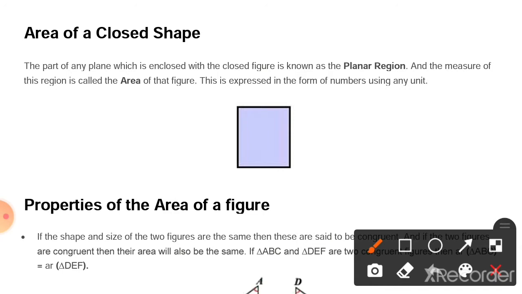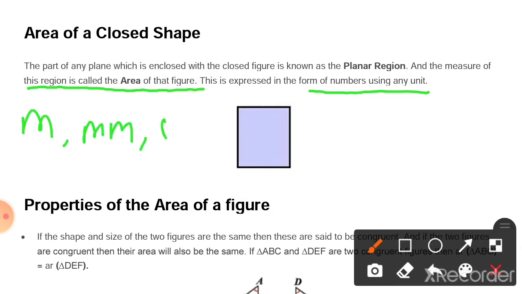As we know, the part of any plane which is enclosed by the figure is known as the plane region, and the measurement of this region is called the area of that figure. This is expressed in the form of a number using a unit like meter, millimeter, centimeter.